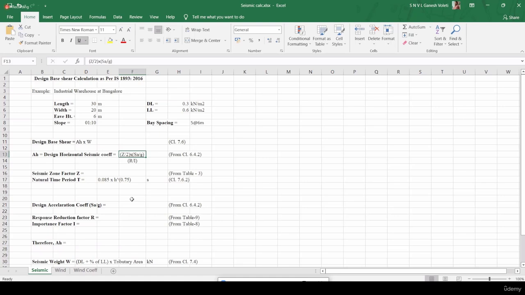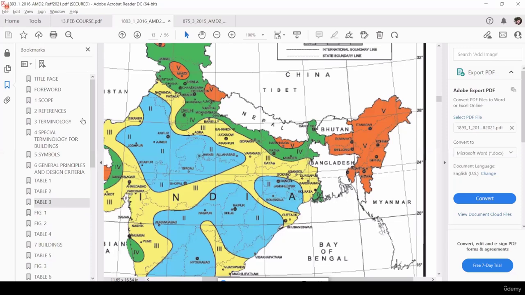Let us take in this example that we are designing a building at Bangalore. So Bangalore comes under which zone? You have to know it from the seismic map. IS 1893 provides a seismic map of India. You can see it on page number 13 of IS 1893.